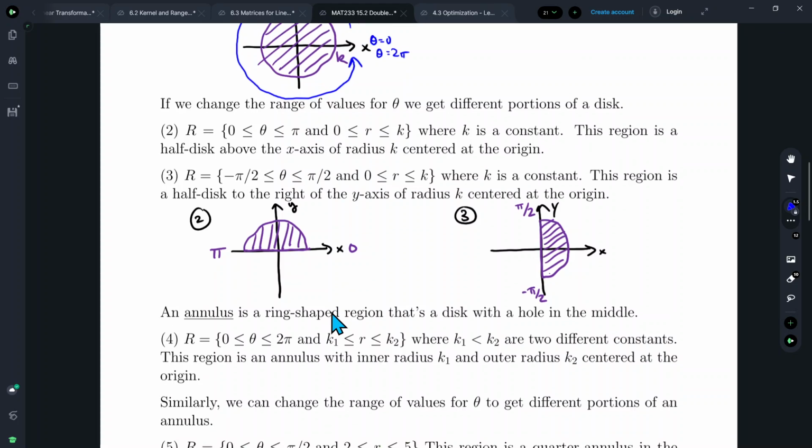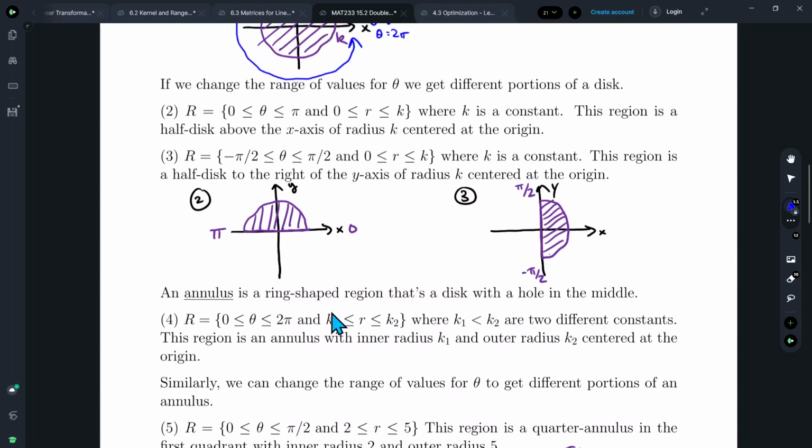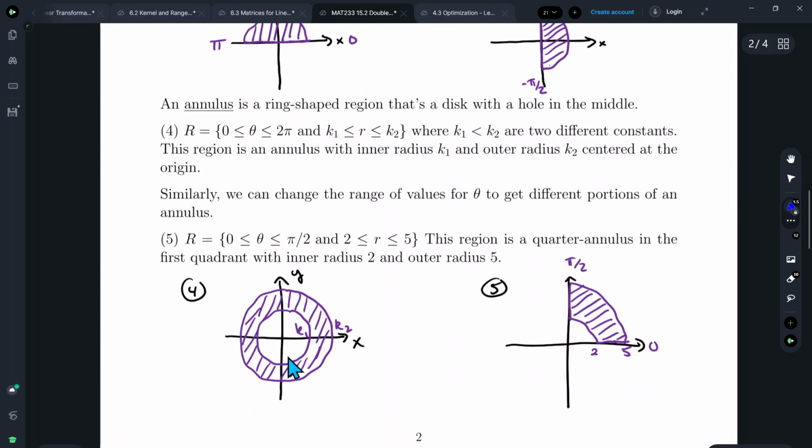One other type of region that's useful for polar coordinates is what's called an annulus. An annulus is a ring-shaped region, basically a disk with a smaller disk cut out of it. The polar coordinate description for this type of region is like this.